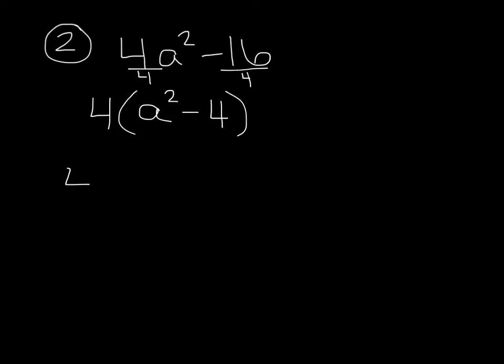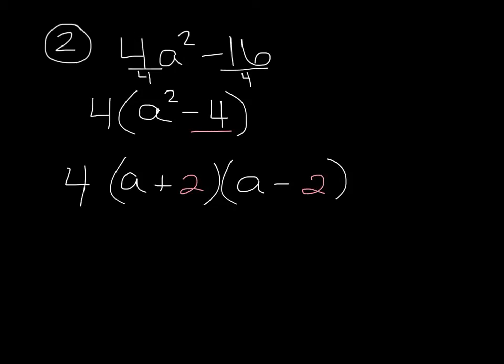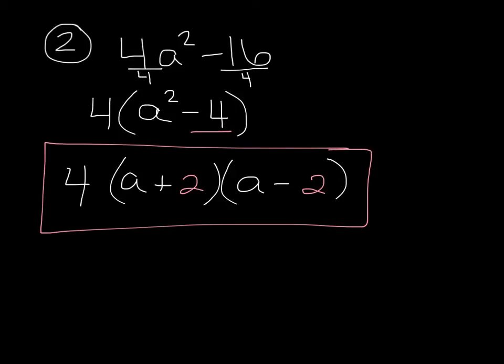After that, we're going to pull down the 4, draw our two parentheses, put an a times an a, because that gives you a squared. Put one plus and one minus, because both parentheses will look exactly the same, except for a plus and a minus. And then we're going to basically take the square root of 4, or what times itself will give you 4. Well, 2 times 2 gives you 4. And there's your answer.